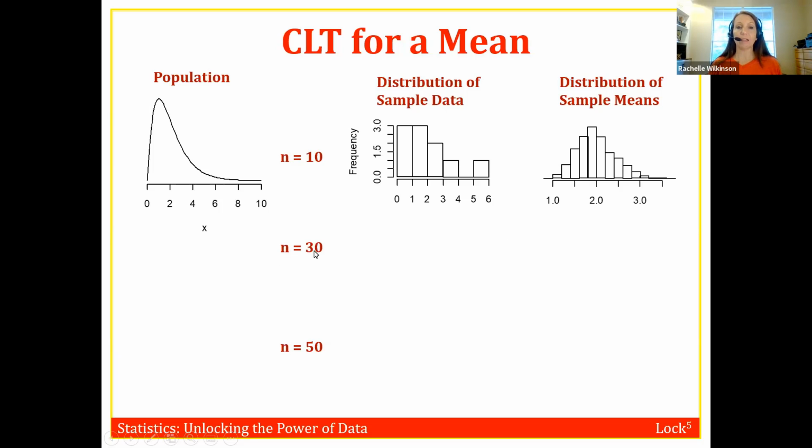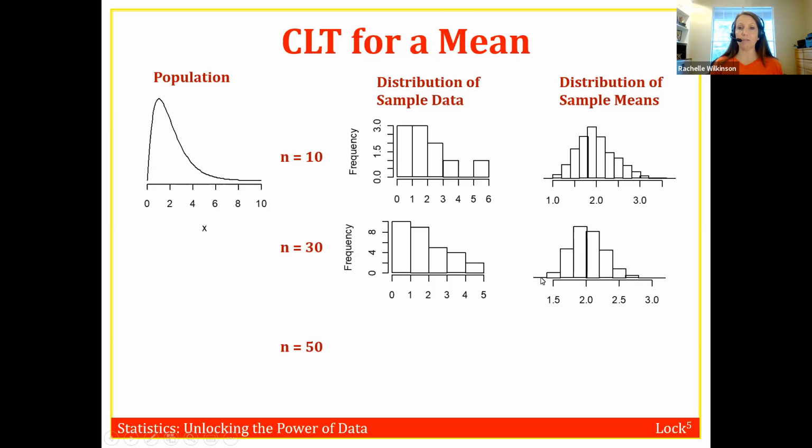Now, if we take samples of size 30, here's an example of what one sample of size 30 would look like, the distribution of individuals from one sample. And if we take lots and lots of samples, all of size 30, and from each of those samples we calculate our sample mean X bar, and then graph all those X bar values, it would look something like this.